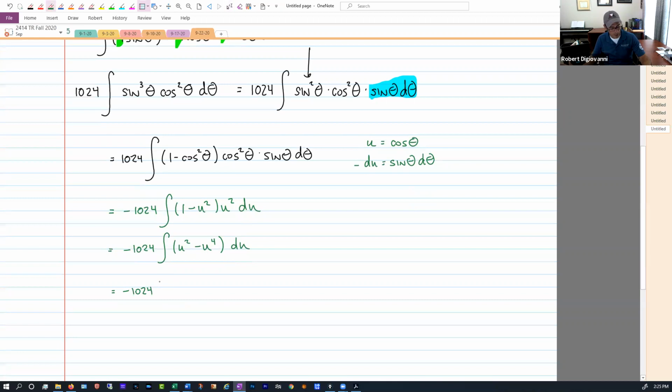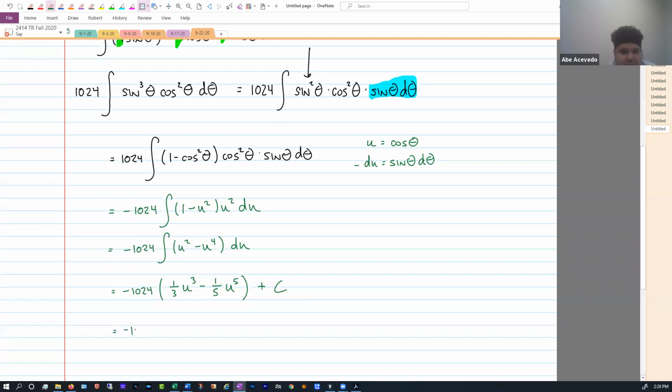So now it's time for the antiderivative. So let me go ahead and write 1/3 u cubed minus 1/5 u to the 5th plus c. Am I done? No, I've got to replace u with what?